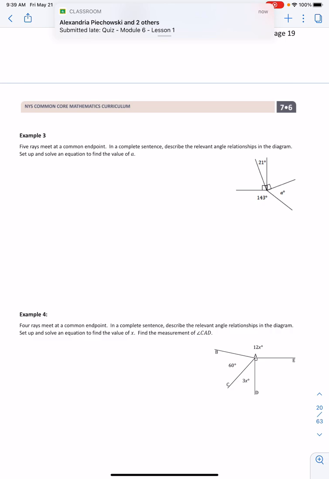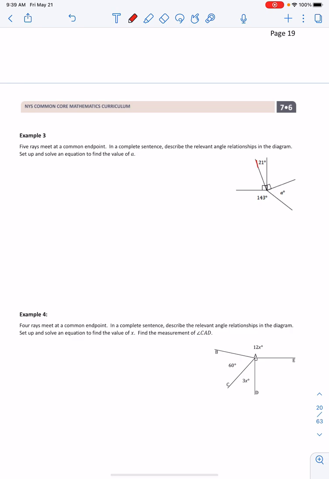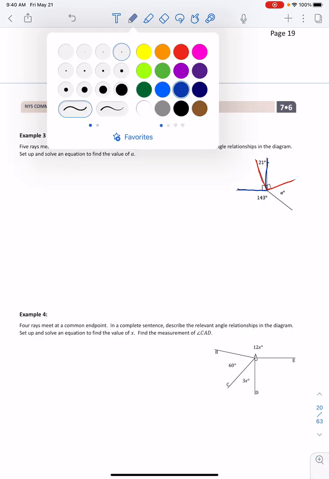Set up and solve an equation to find the value of A. Well, you've got to be careful here because we have a situation where this right angle overlaps this right angle here. So you have to be very, very careful.